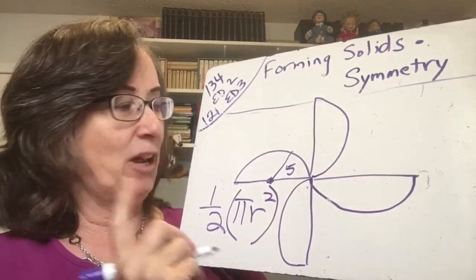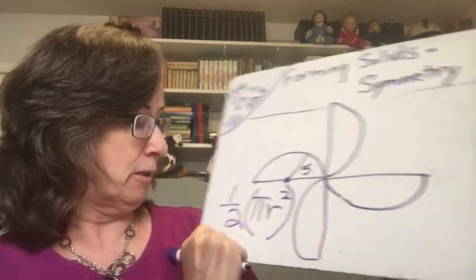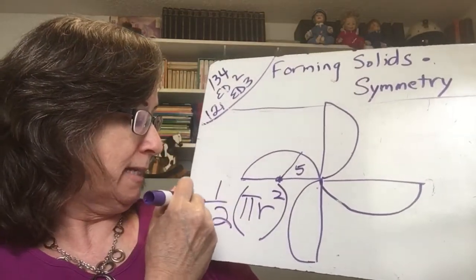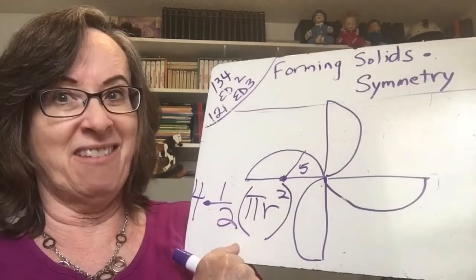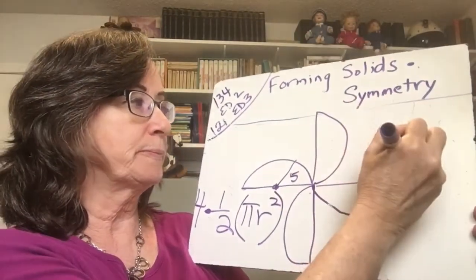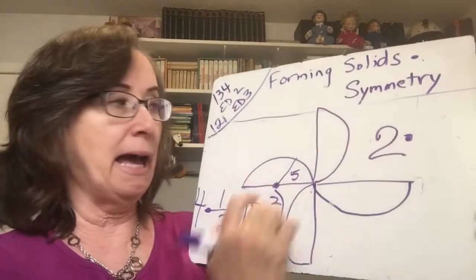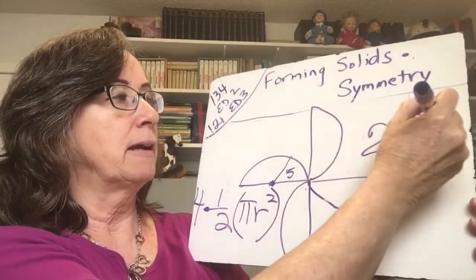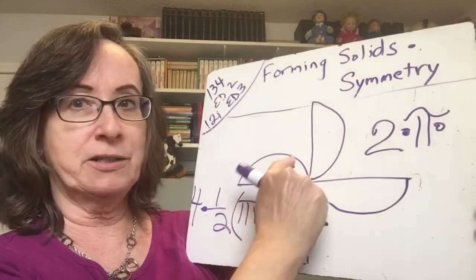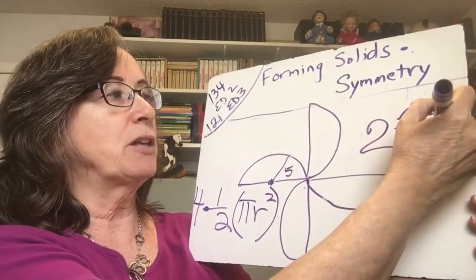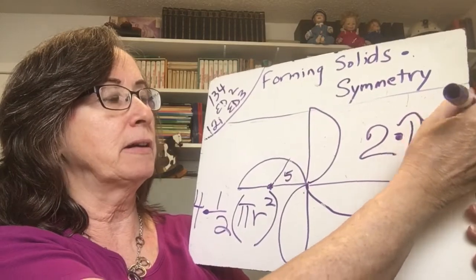But then we have 4 circles, so we're going to say times 4. Well, 4 times 1/2 is 2, times pi times r squared. Well, r is the radius, it's 5, so 25.